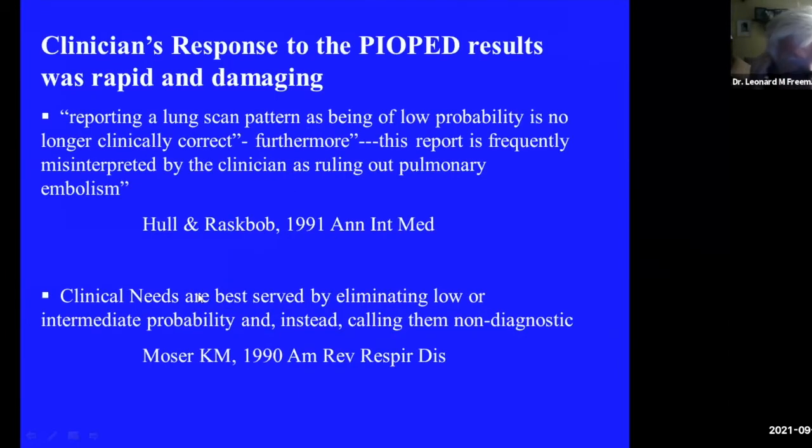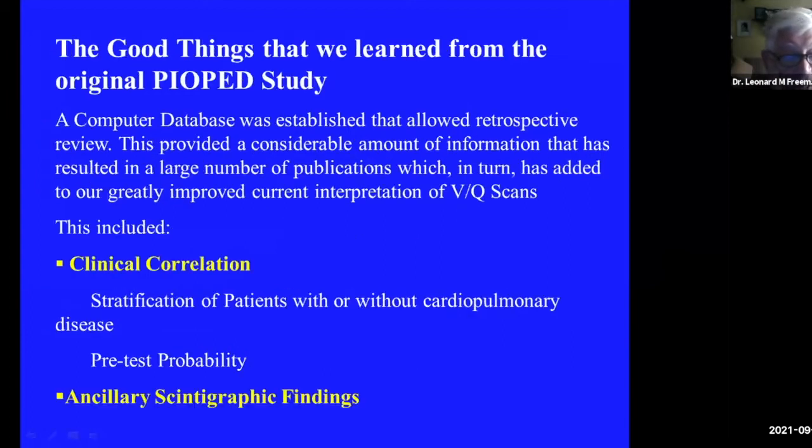Anyway, clinicians reacted rather violently. Clinicians' response: reporting a lung scan pattern as being of low probability is no longer clinically correct. Furthermore, this report is frequently misinterpreted as ruling out pulmonary emboli. Clinical needs are best served by eliminating low or intermediate probability and calling them non-diagnostic. So clinicians were not very happy with this PIOPED study and what was going on.